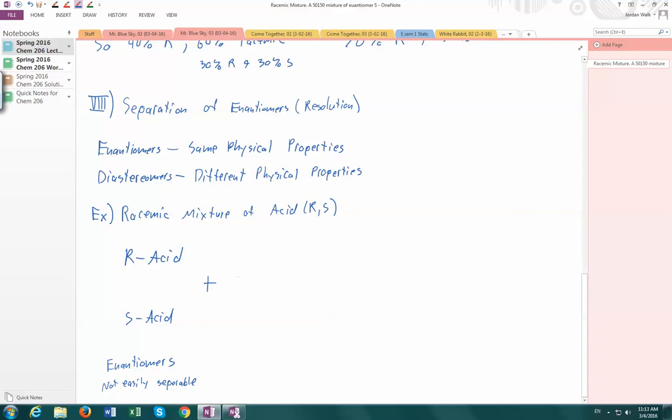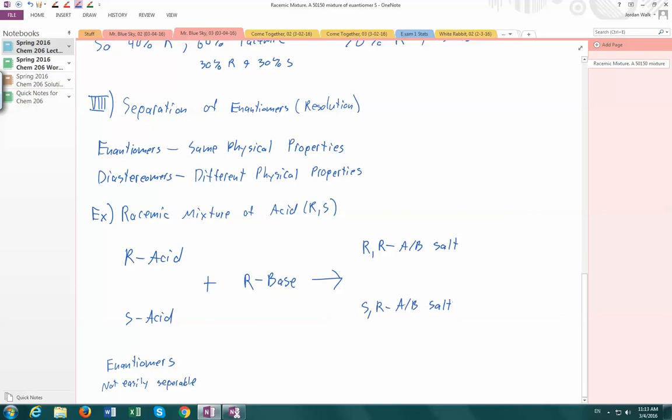And so what we'll do is we'll react our R and S acid with just an R base, all right? And so how many products are we going to form? We should form two products, right? So the first product is going to be RR acid-base salt, and the other product is going to be SR acid-base salt.